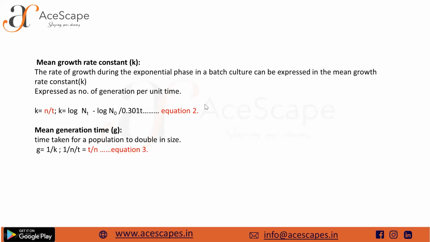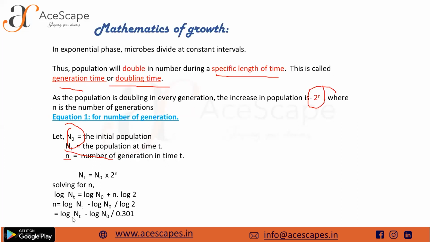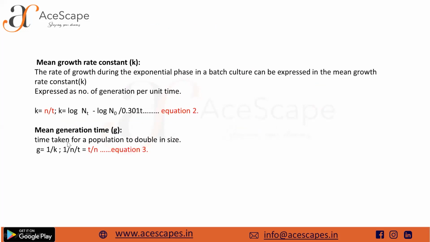From the previous equation we already know the value of n, which we got by taking log on both sides. We substitute that in place of n, and we get k = (log Nt − log N0) / (0.301 × t). This is equation 2.